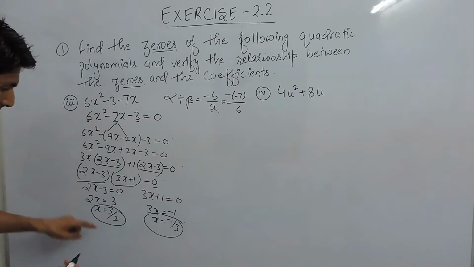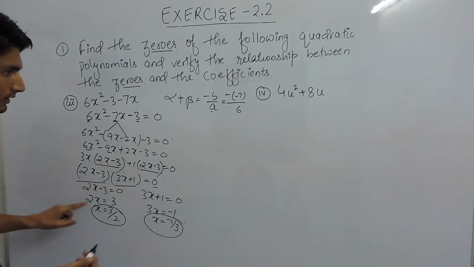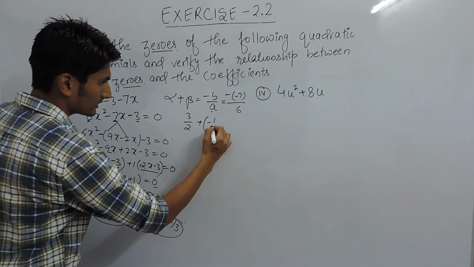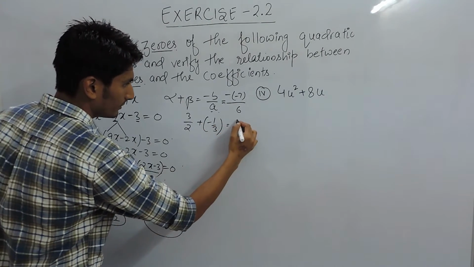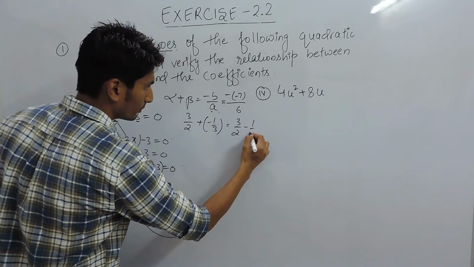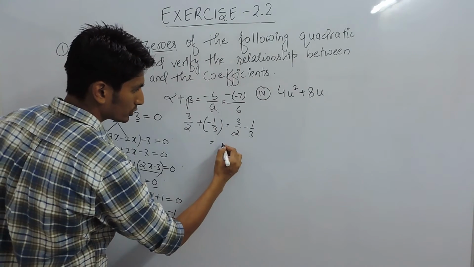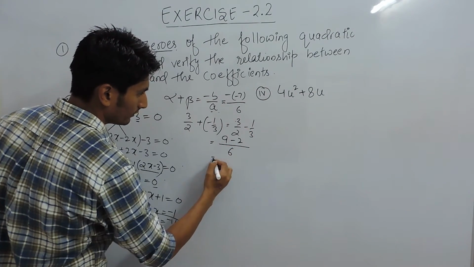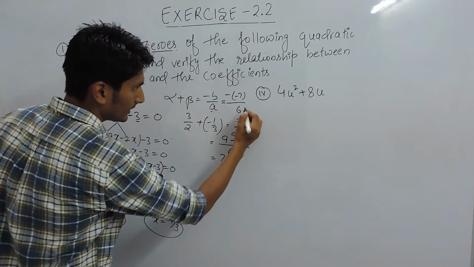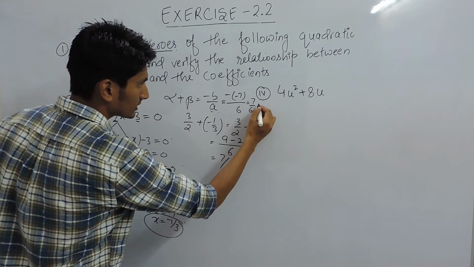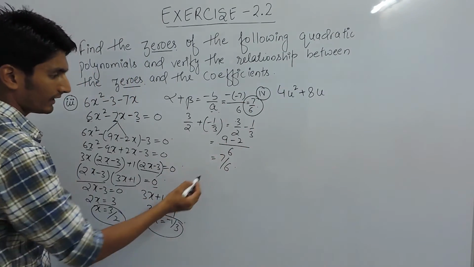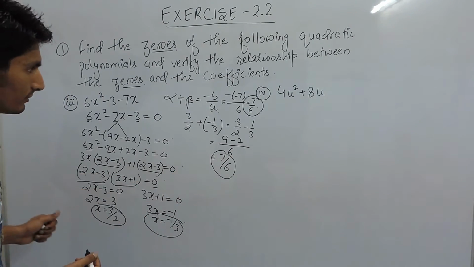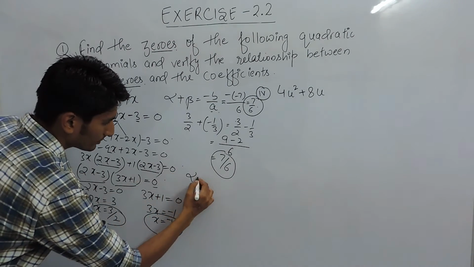According to us, if we add these two, 3 by 2 plus minus 1 by 3, or this can be written as 3 by 2 minus 1 upon 3, this will be equal to 9 minus 2 over 6, which is 7 by 6. Clearly, here also the sum of roots is 7 by 6. After that you have to find the product.